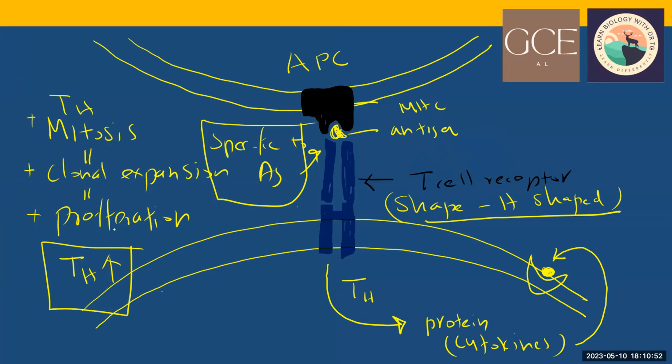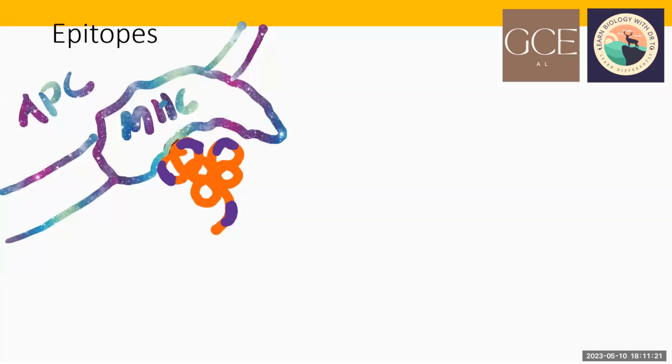So the first thing is, adaptive immunity increases the specific T helper cells for this antigen. Then their availability is high, and when their availability is high, they can interact with other cells. Let's see how this happens.